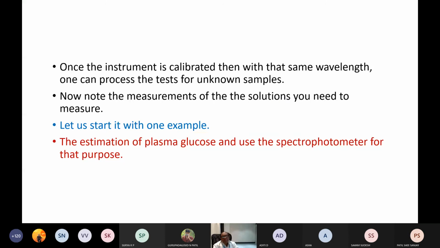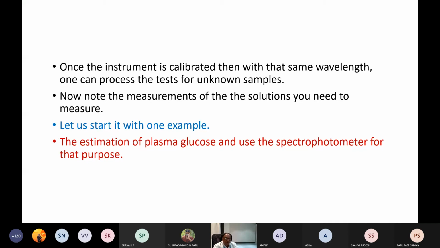Once the instrument is calibrated, then with the same wavelength, one can process the test for the unknown one. Now the measurement of the solutions which you need can be done. I will show how this is exactly done with one example. Separately it will be shown to you, or if you come to the college, you will process it practically and become more acquainted with it.